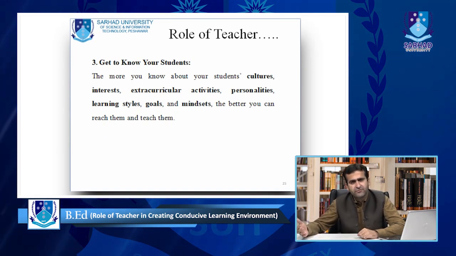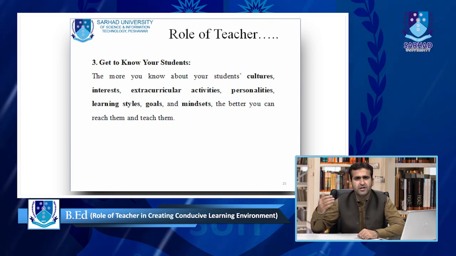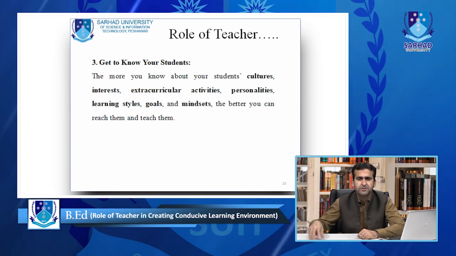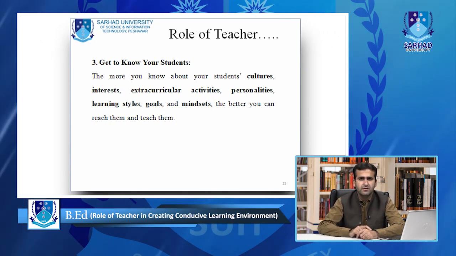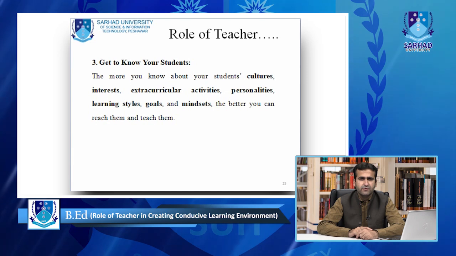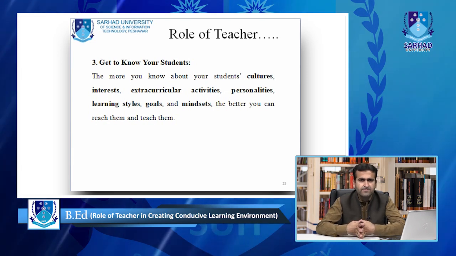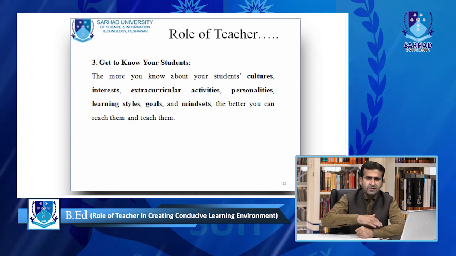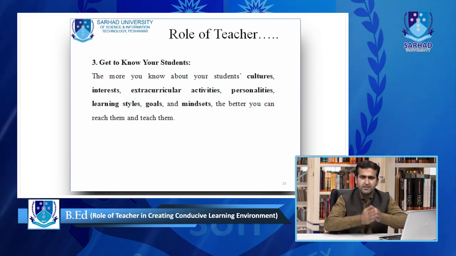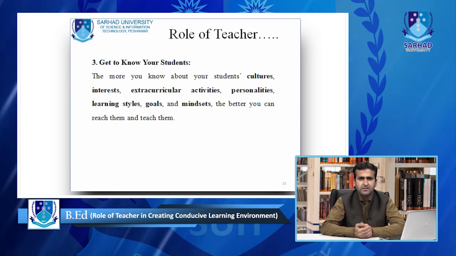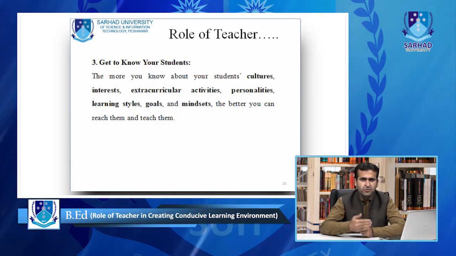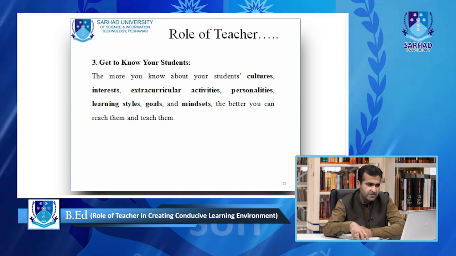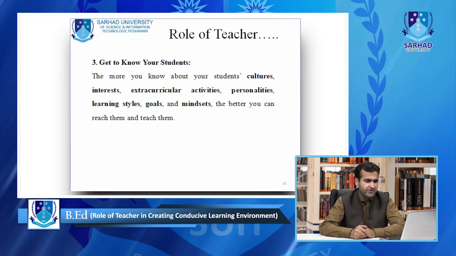We need to provide certain physical activities to the students in the shape of breaks, games, functions, seminars. While doing so, the student will remain fresh, the student will remain active, and they will take interest in one set of activities, in another set of activities, in a third set of activities. So this is a proper way to engage the student and to increase their level of interest.